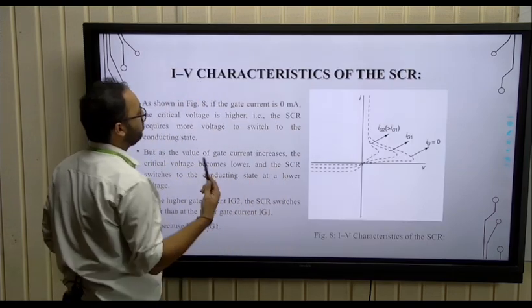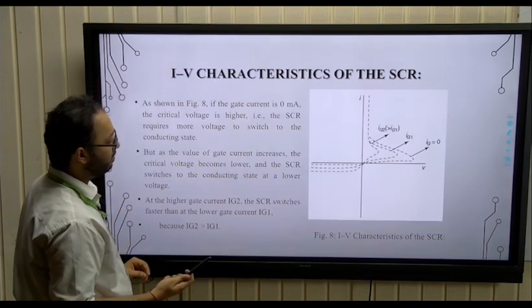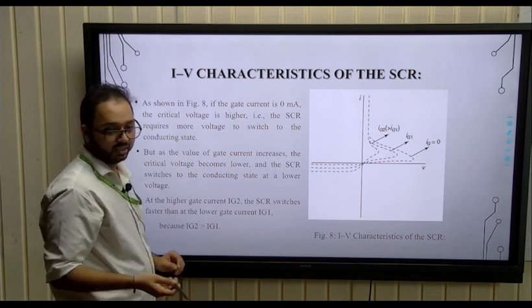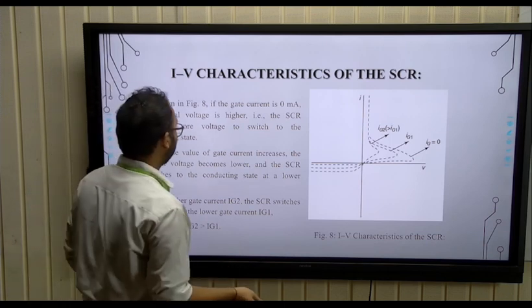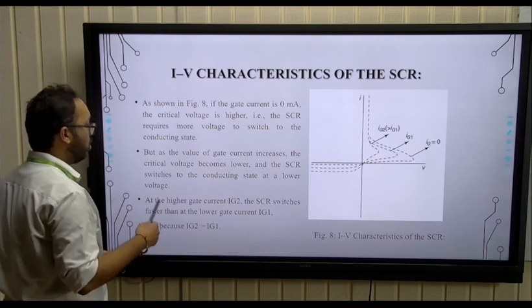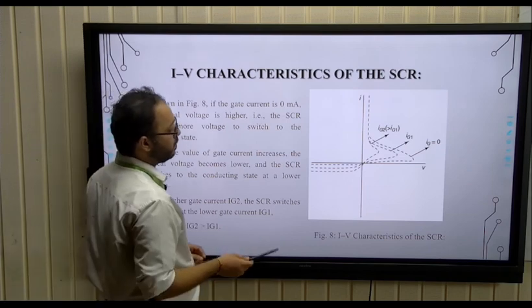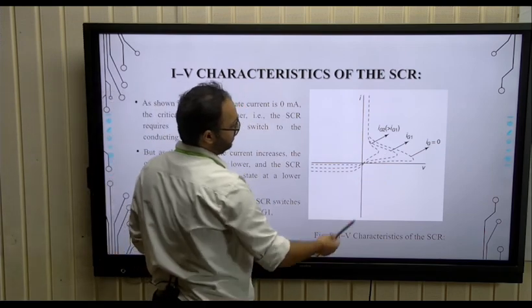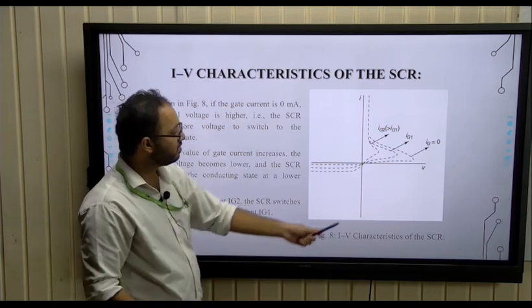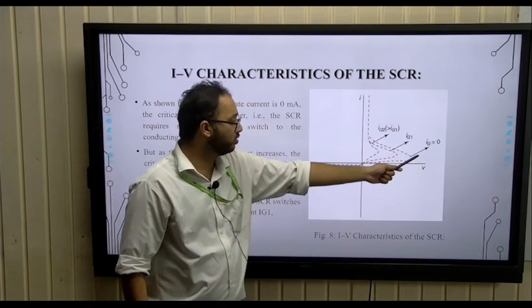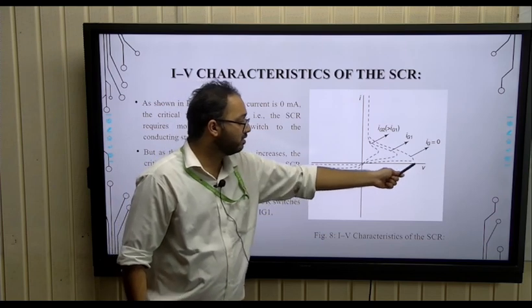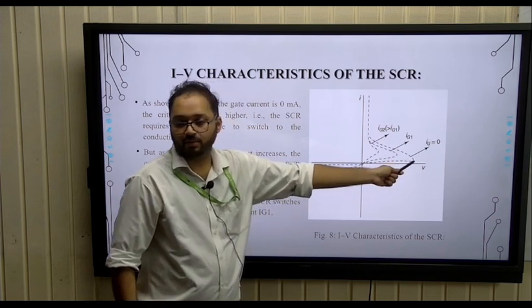Okay, this is what happens with the figure when we say that we have applied a gate current. Whether the gate current is 0 or higher than 0 is depicted by this IV characteristic. Okay, as you can see, when Ig is equal to 0, the voltage required to turn it on is very high.